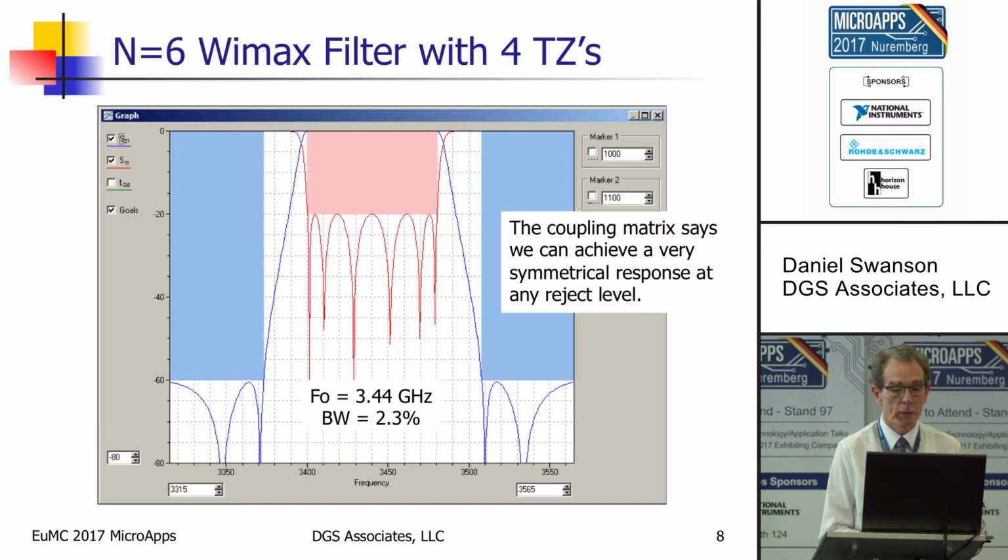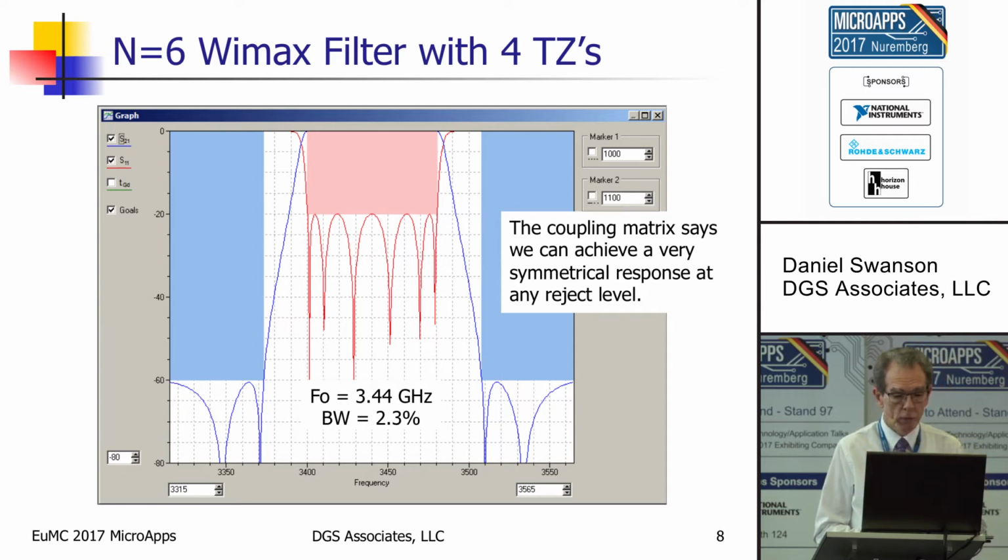So in the coupling matrix software, it says, great, yes, you can do this, no problem. And it's a very symmetrical response. And as we change the reject level, that symmetry is maintained. So as the reject level moves up and down, it always stays perfectly symmetrical.